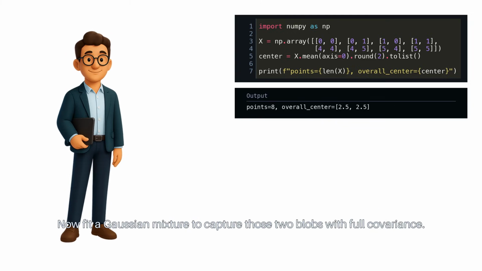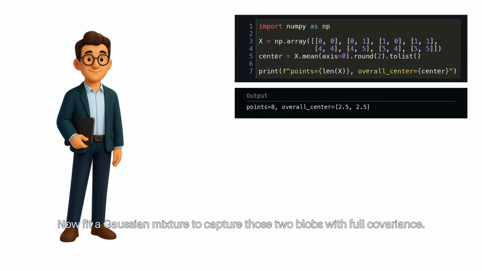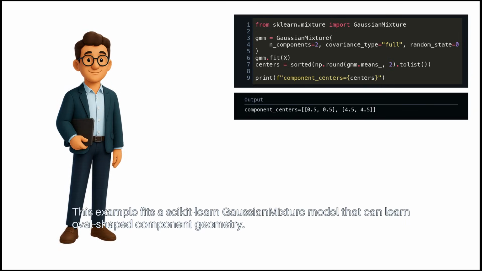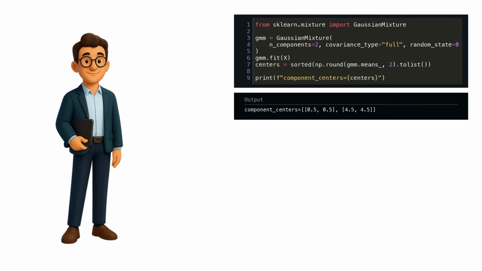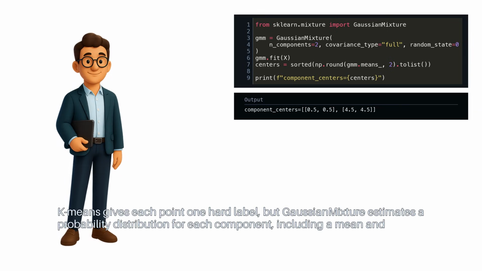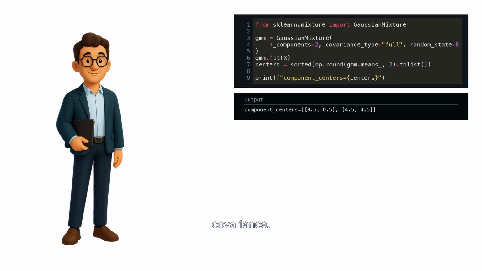Now, fit a Gaussian mixture to capture those 2 blobs with full covariance. This example fits a scikit-learn Gaussian mixture model that can learn oval-shaped component geometry. K-means gives each point one hard label, but Gaussian mixture estimates a probability distribution for each component, including a mean and covariance.